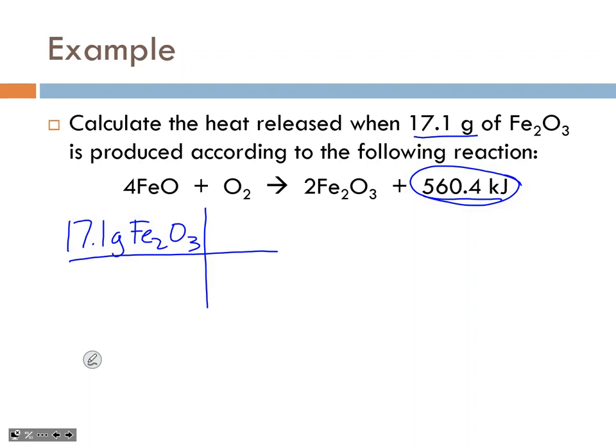Now, we can't do anything with grams, so we should change it to what? Moles. We've got to go to moles. So grams to moles, 1 mole of Fe2O3. This is where you're going to need your periodic table, because you have to look up molar masses.